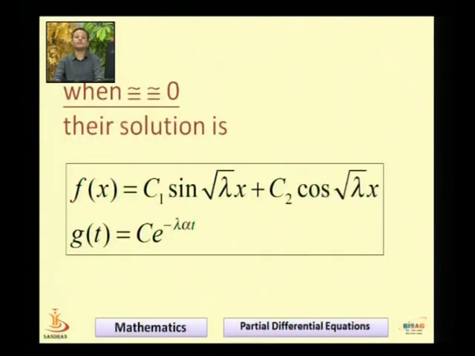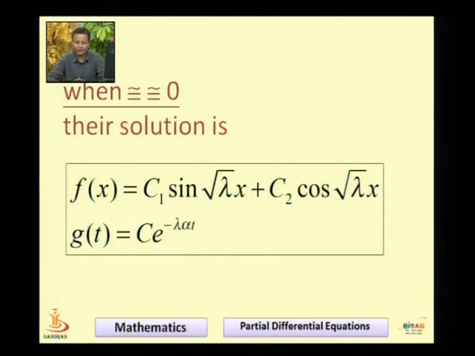With plus minus root lambda i, the general solution, when lambda is not equal to 0, is f x equal to c1 sin root lambda x plus c2 cos root lambda x. You can compare the roots of the auxiliary equations.